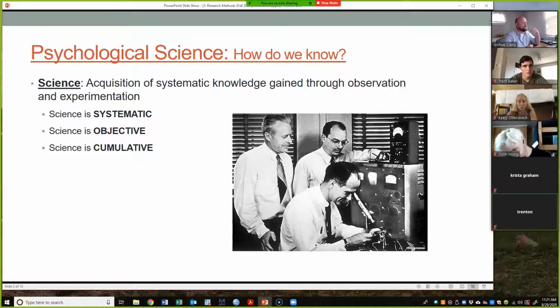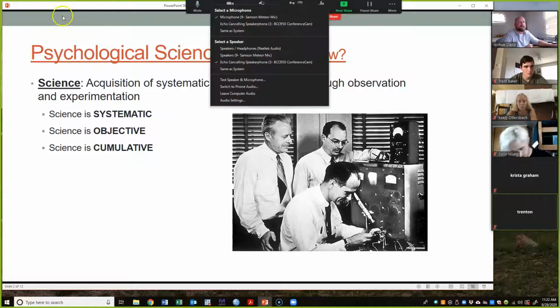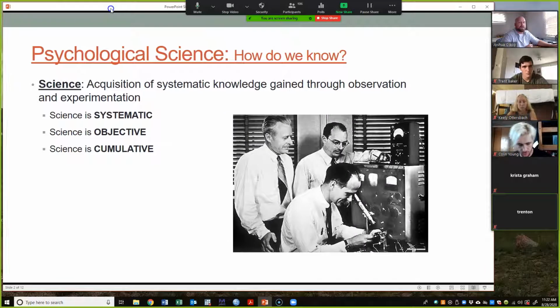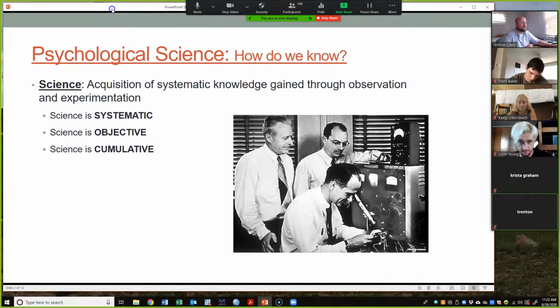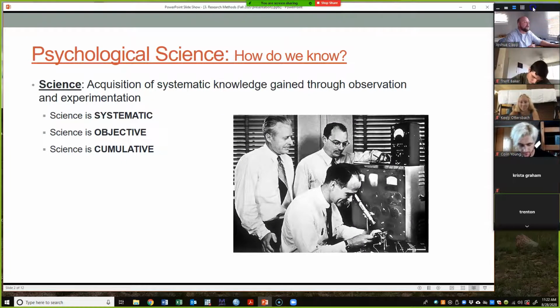A lot of times people say, oh, boo methods, and I understand that. I teach methods, so I don't say boo methods. I like methods. But I think it's important to start thinking about, before we get into what we think we know about psychology, understanding how we know things, right? The how starts to become much more important in many ways than the what.